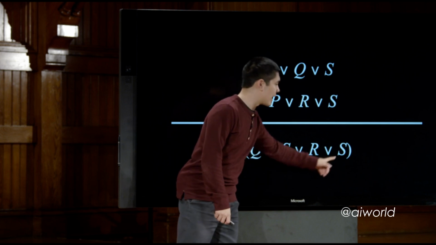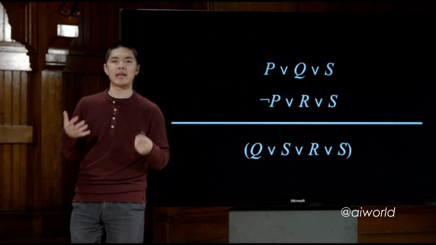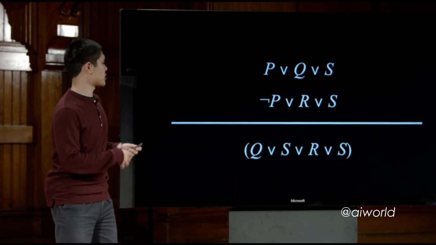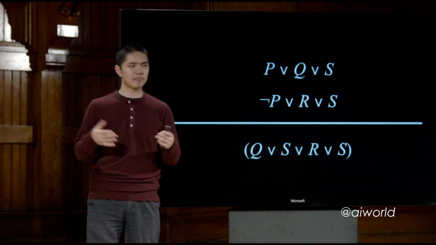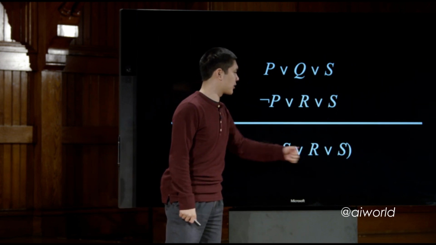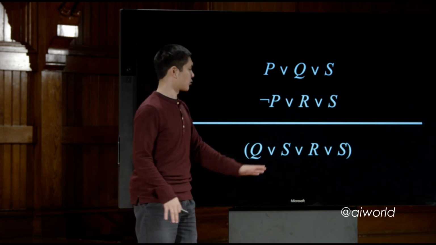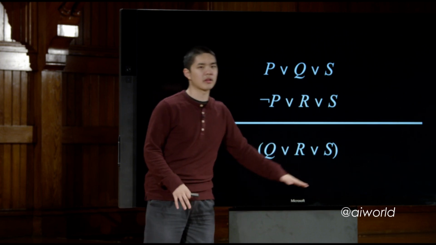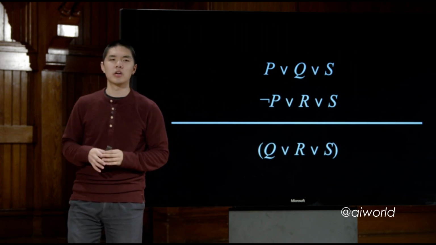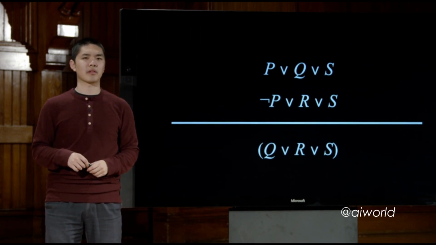It doesn't change the meaning of the sentence. So in resolution, we'll usually also do a process known as factoring, where we take any duplicate variables that show up and just eliminate them. So Q or S or R or S just becomes Q or R or S. The S only needs to appear once, no need to include it multiple times.